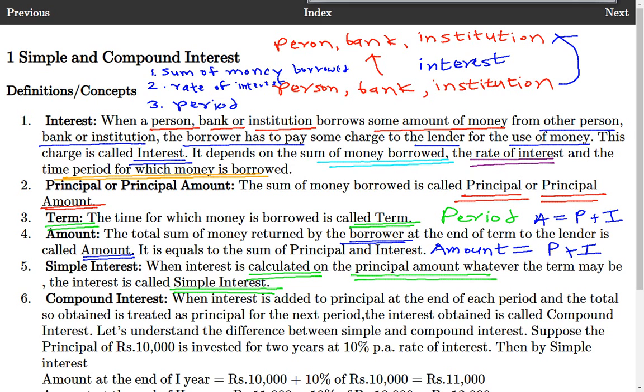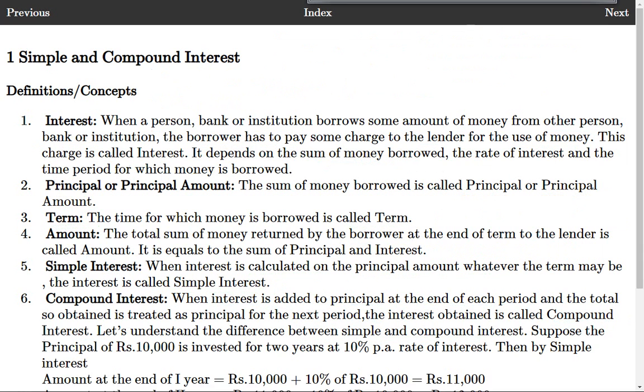When interest is added to the principal at the end of each period and the total so obtained is treated as principal for the next period, then the interest so obtained is called compound interest. So to understand the difference between simple and compound interest, let us see an example.